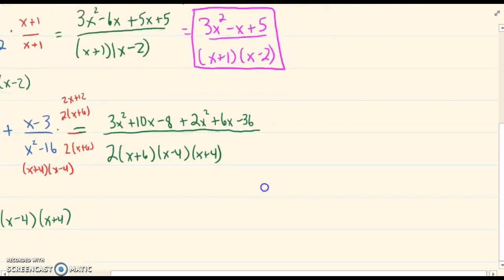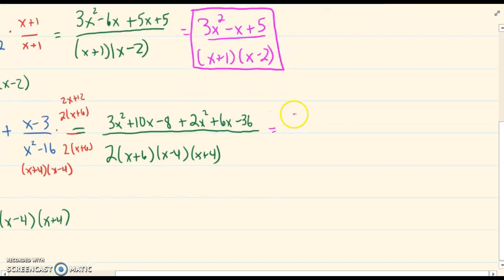And so I'm looking to put them together. 3x squared and 2x squared is 5x squared. 10x and 6x is 16x. And then I'll have minus 44. All of that divided by 2 times x plus 6 times x minus 4 times x plus 4.